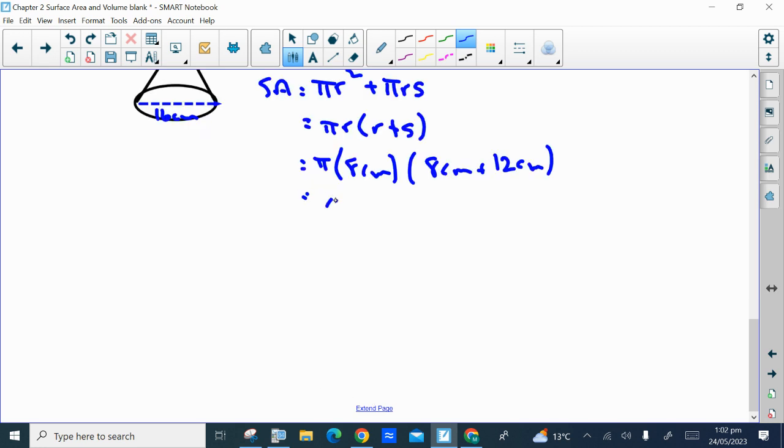So this would be pi times 8 centimeters times 20 centimeters, because 8 plus 12 is 20. If you multiply the 8 and 20 together, you'll get 160 times pi centimeters squared. That's the exact value for the surface area of that cone.